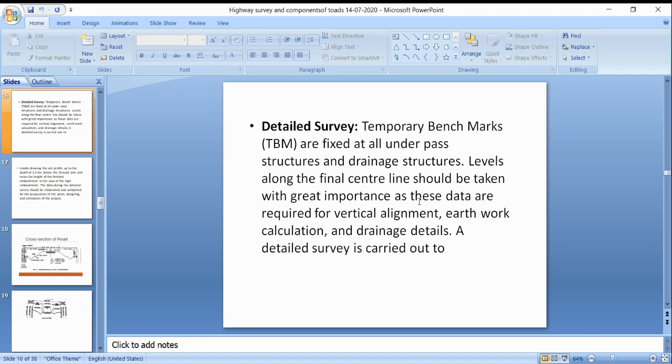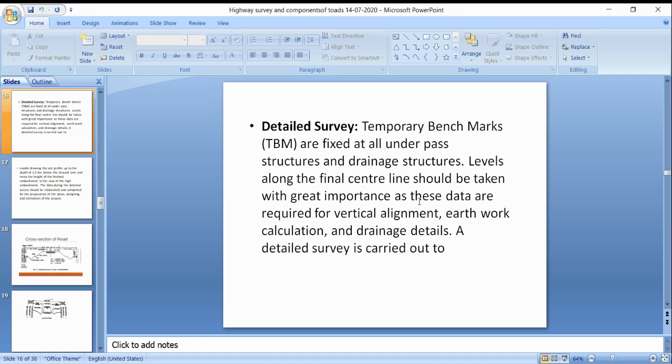In the drafted report we have to see the nature of the soil, the availability of materials, and transportation facilities. Any obligatory points also we have to see, and we have to propose a different route for the anticipated. Here traffic design also we have to consider. So all this will be done in the reconnaissance survey.